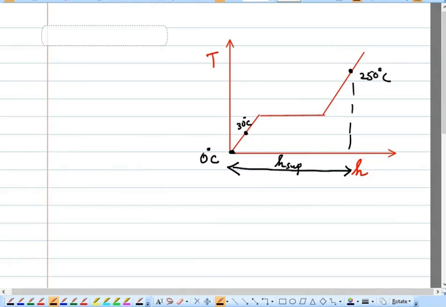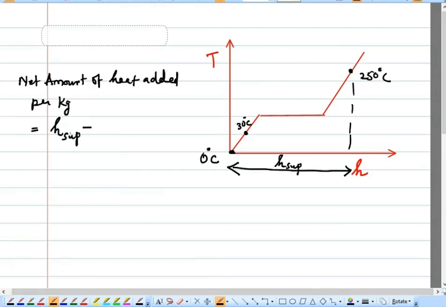So from the total value, I can write like this. Net amount of heat added per kg is equal to the total enthalpy of superheated steam minus this value.